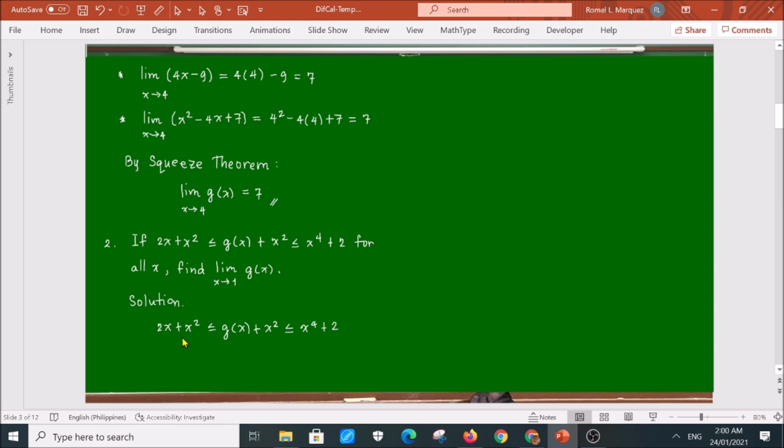We can add to each part negative x squared, getting 2x less than or equal to g of x, and that is less than or equal to x to the fourth plus 2 plus negative x squared.